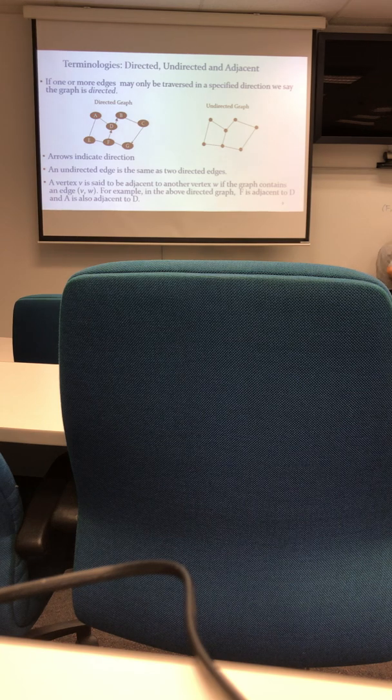This is the way to represent an edge. Mathematically, an edge is represented by a two-element sequence. So in this graph, there's an edge from F to D, right? So we say F is adjacent to D.